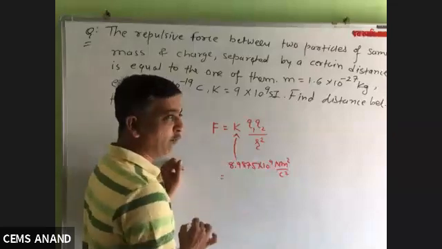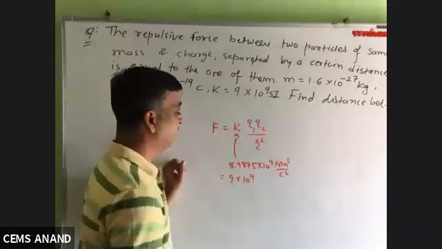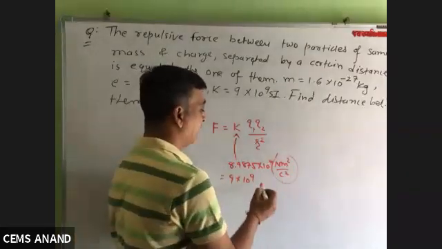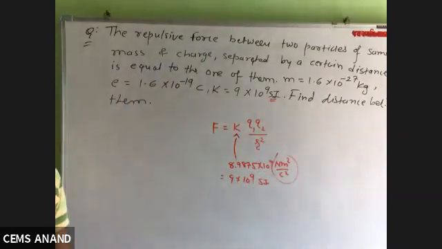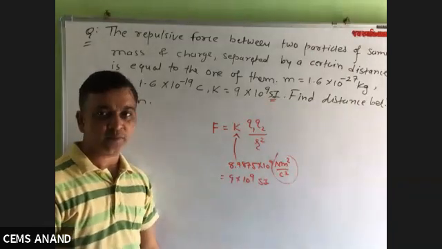And as I told you, for numeric purposes, it is considered as 9 into 10 raised to 9. And this is the SI unit, Newton meter square per Coulomb square.